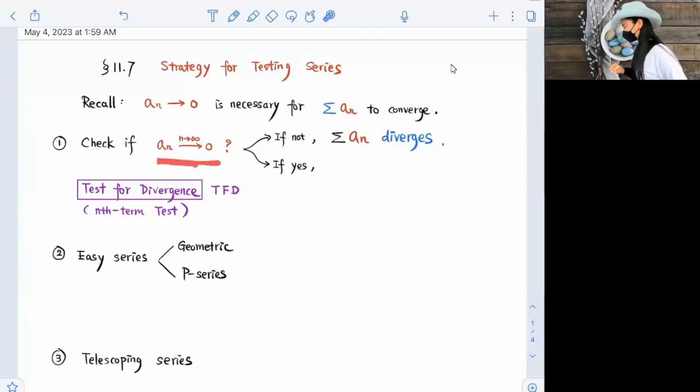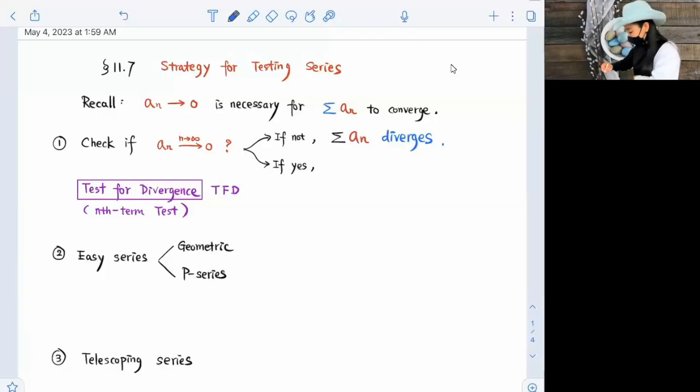If you said the series converges when the terms go to 0, you fell into the trap. That is the common error students make. If the nth term goes to 0, we have no conclusion.